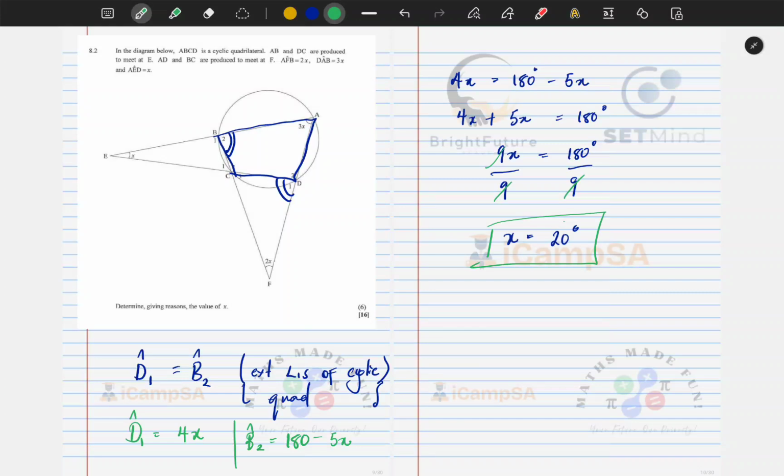So it was fairly easy. It was not a problem. There is another approach that you could try, which is focusing on this side of exterior angles, right?